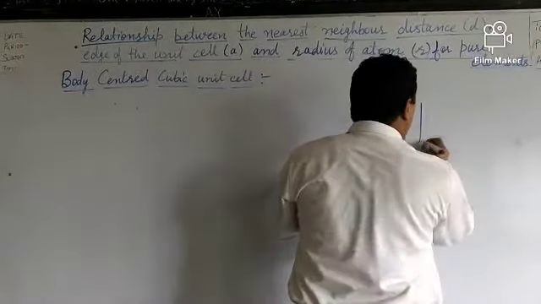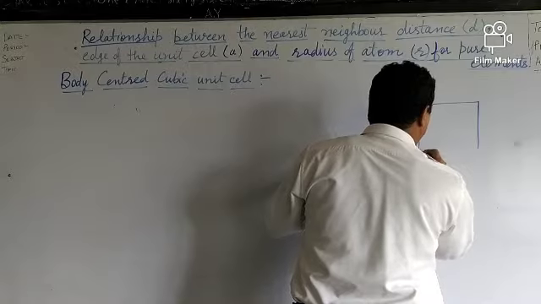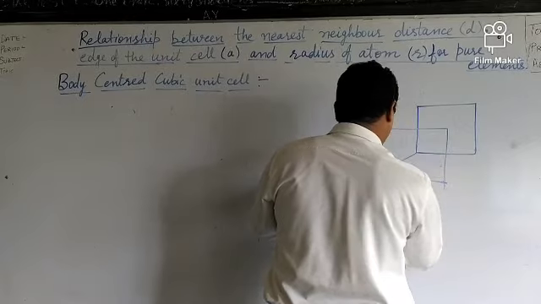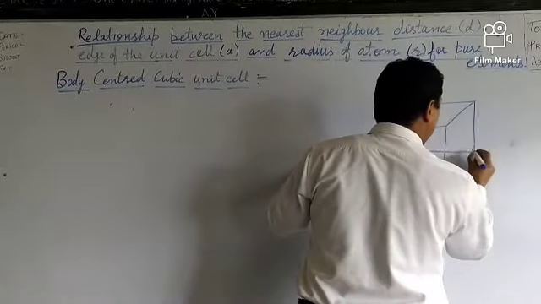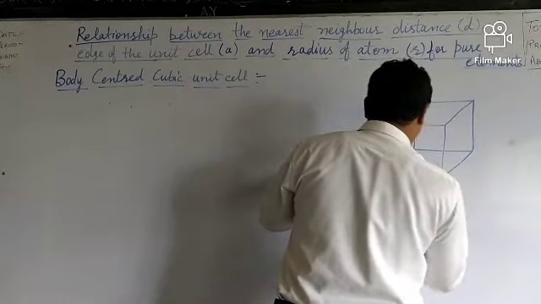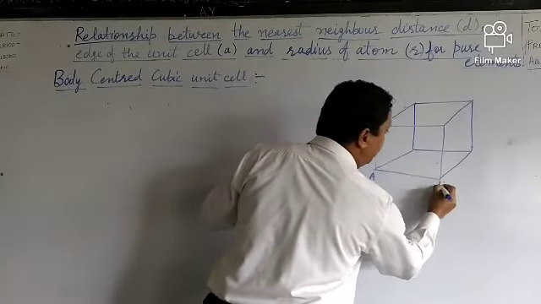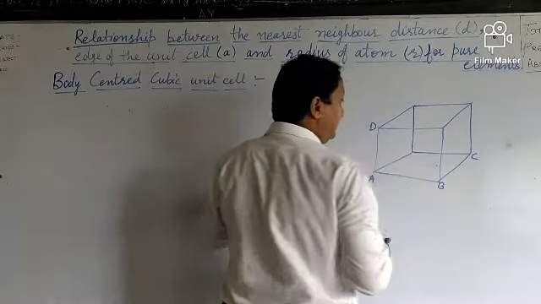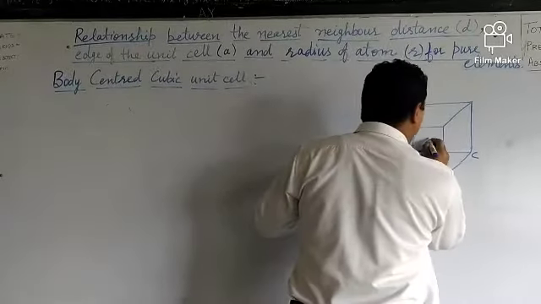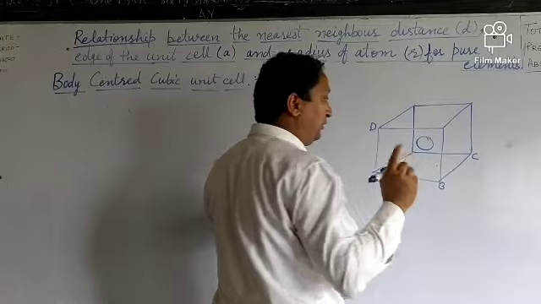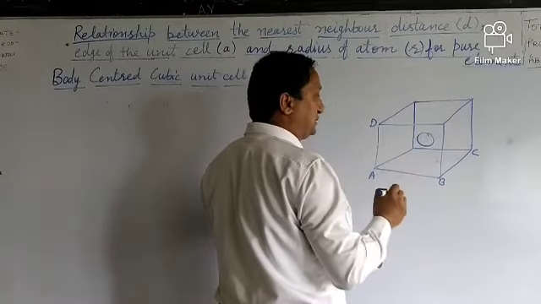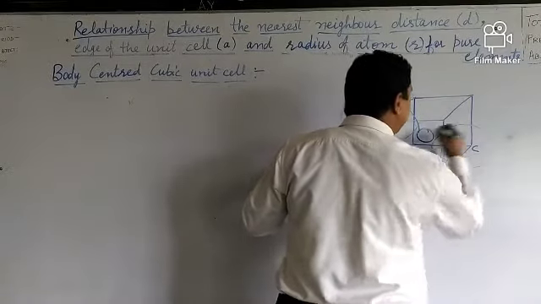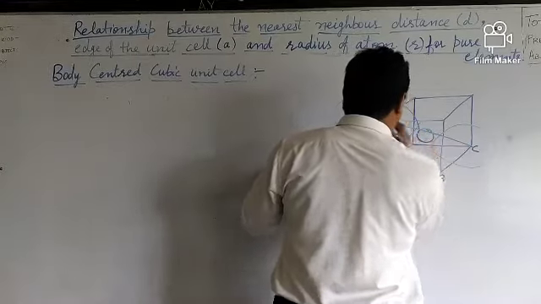Okay, so if we draw a unit cell just like this, and suppose we are taking this triangle A, B, C, and here it is D. Then if we take body, it is here. Now keep in mind that one sphere is like this, the other sphere is like this, and we are going to find this.